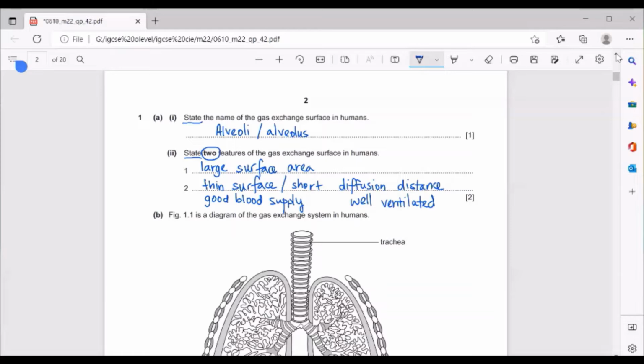So there is a lot of air being taken into the alveoli, and this inspired air contains a high concentration of oxygen compared to the blood. So there is always a steep concentration gradient of oxygen between the alveoli and the blood. The same goes for carbon dioxide. There is a lower concentration of carbon dioxide in the inspired air compared to the blood.